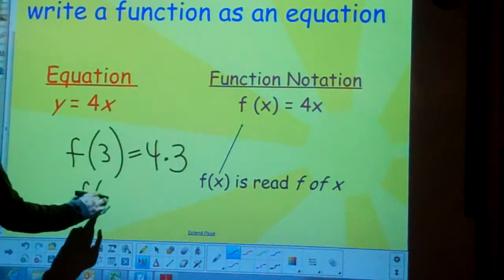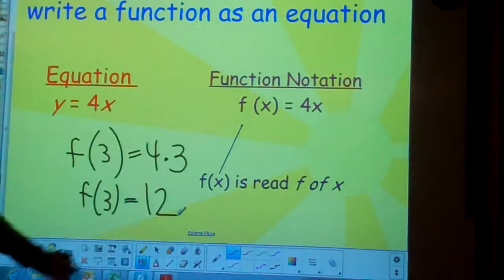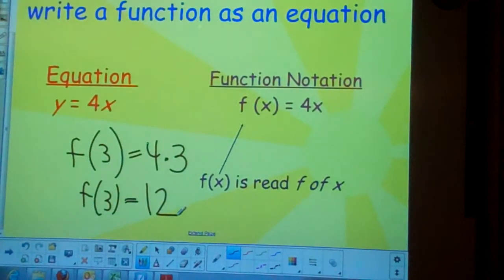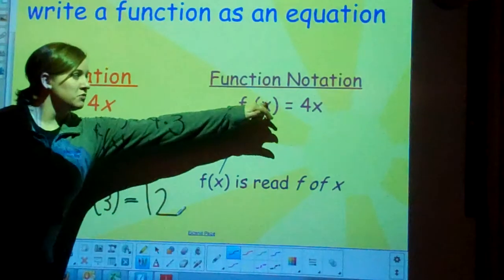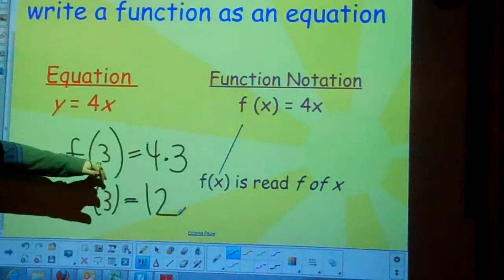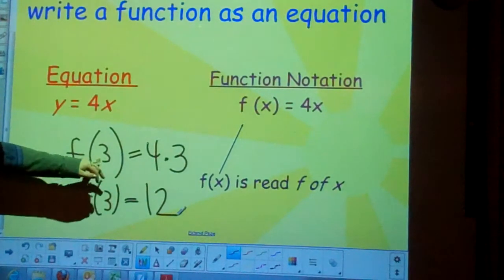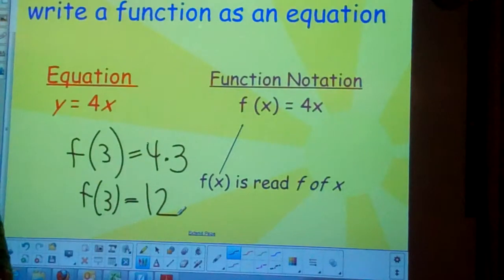So f of 3 would equal 12. So x always equals 3? No, x equals whatever we're putting in for it. It means that we're solving this function in terms of whatever we put in for x. So here we're solving the function if x is 3. If x is 3, it would be 12.